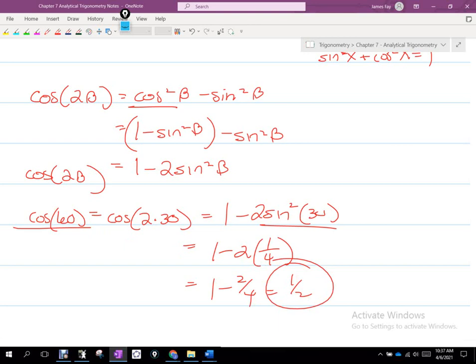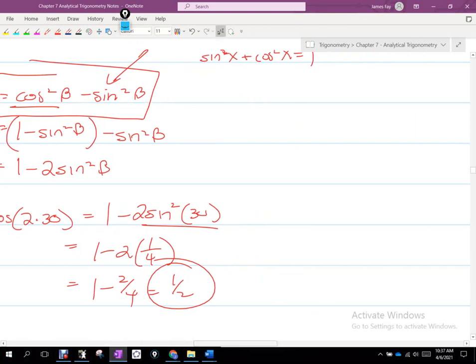Okay? Let's say I didn't know the sine of 30, but I knew the cosine of 30. Let's do this. It's the same relationship right here. Okay? We replace cosine with 1 minus sine squared, right? Can I replace sine squared instead? Okay, so give myself a little bit more room here.